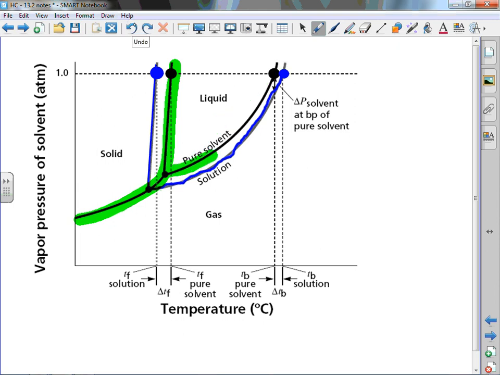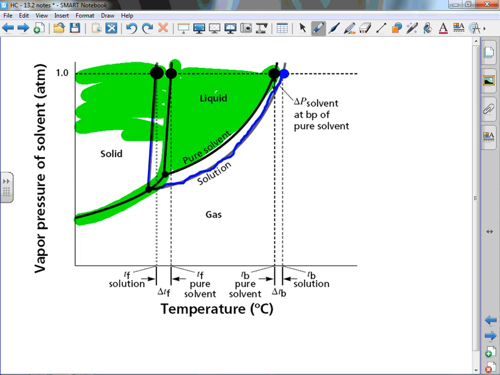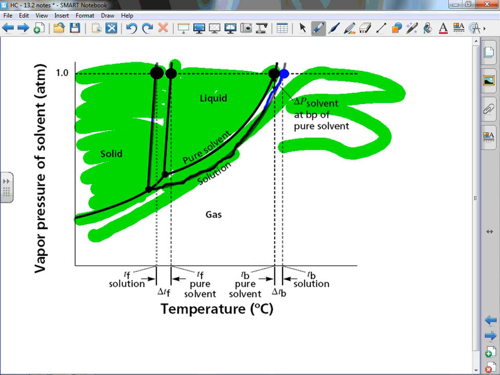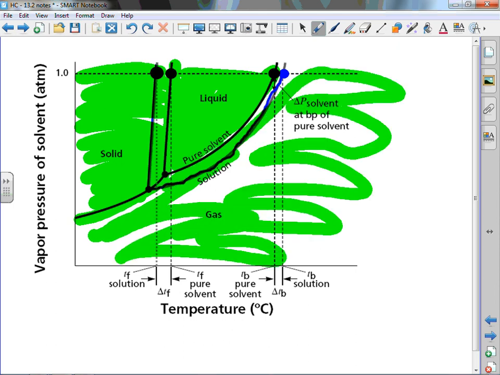You can see in here, here's our pure liquid, here's our pure solid, and then here's our gas all the way through.